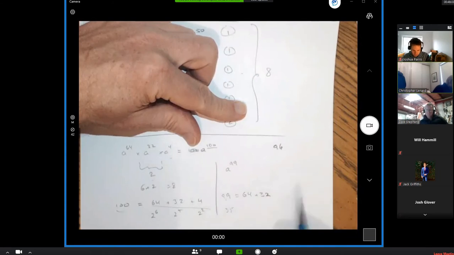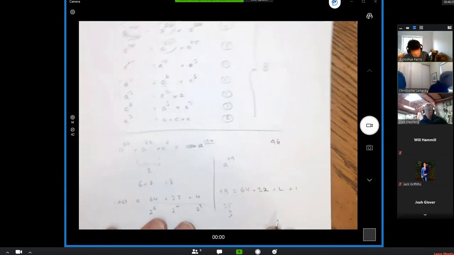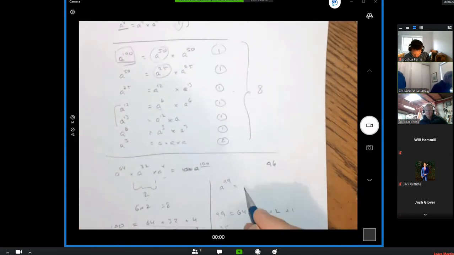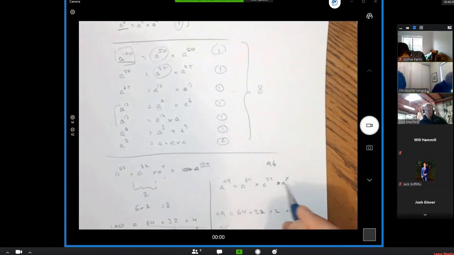So 32 from 35 gives me 3. What's the next biggest power of 2 under 3? Well, that's 2, and then a 1. So what I can say is that a to the 99 is a to the 64 times a to the 32 times a squared times a.